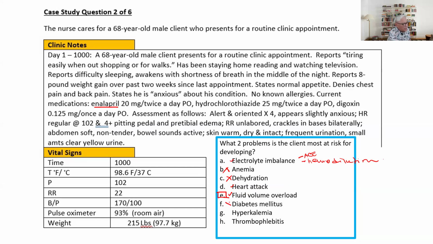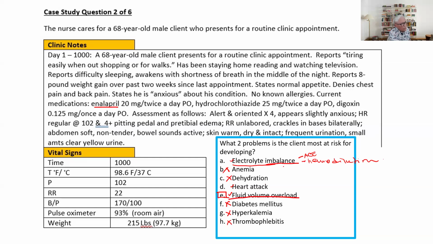Diabetes mellitus, there's no relationship. Hyperkalemia is already an electrolyte problem, so that is already in there. The general term electrolyte imbalance will be much better. And thrombophlebitis, again, there's no relationship.